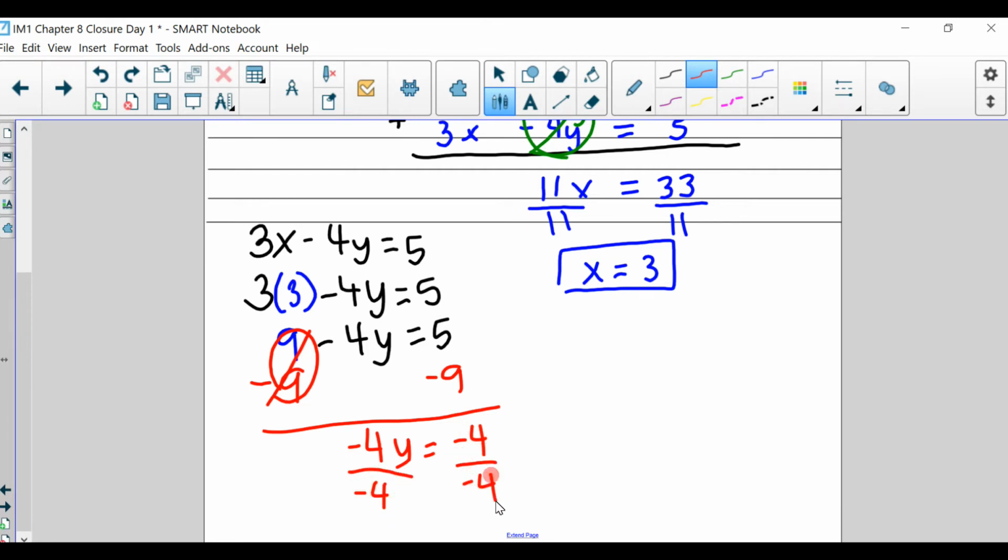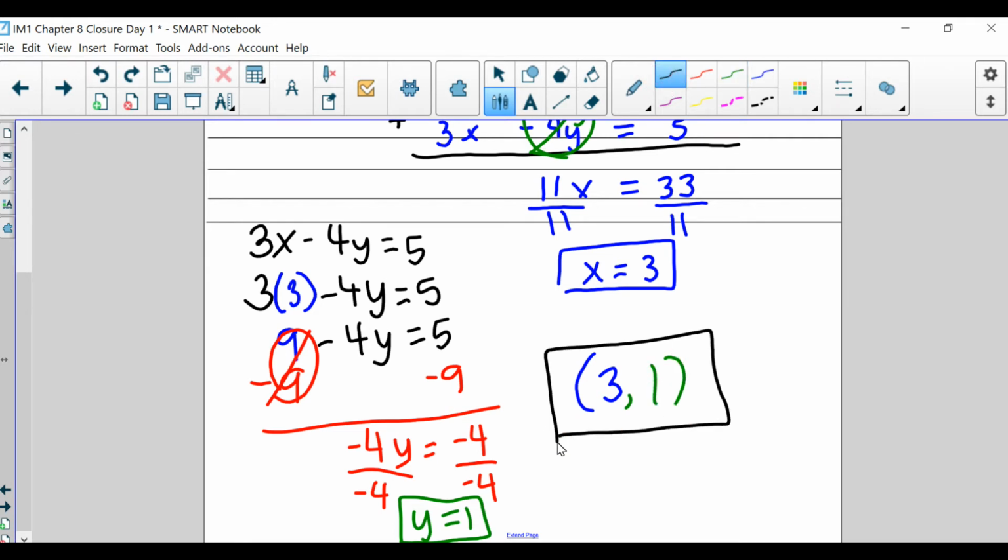And a negative divided by a negative, class, is a positive. Positive 1. Yes. So what's our solution? It is 3. Where do we get that 3? From here. And what is our y value? It is here. And voila, you've got the solution to your system.